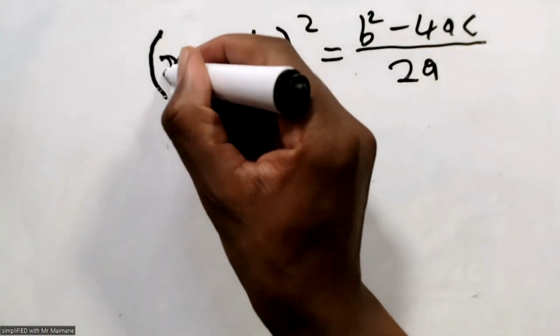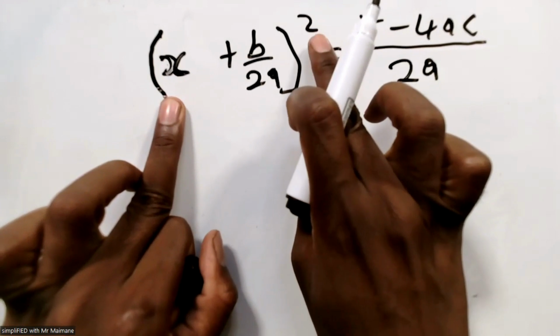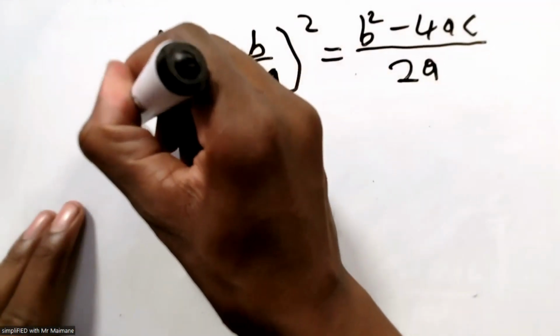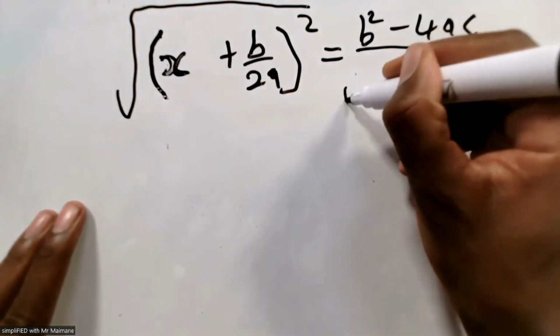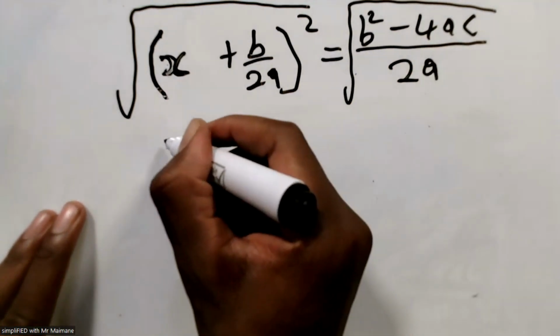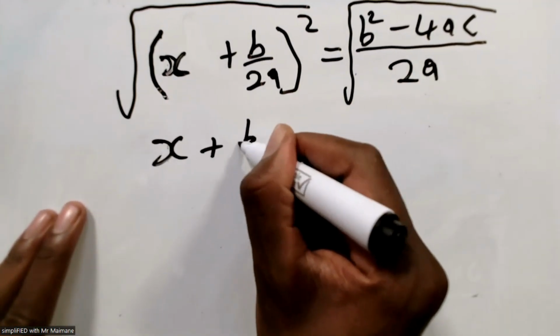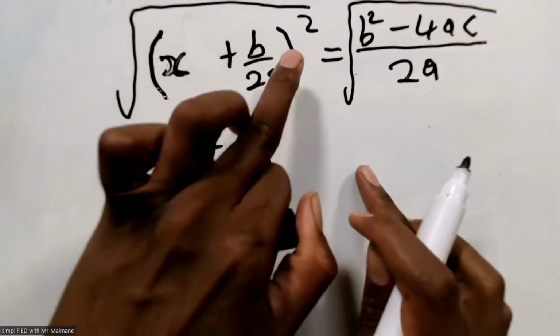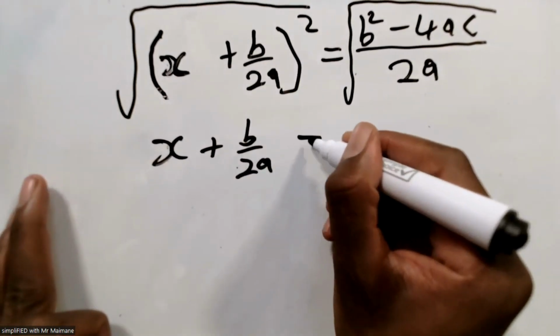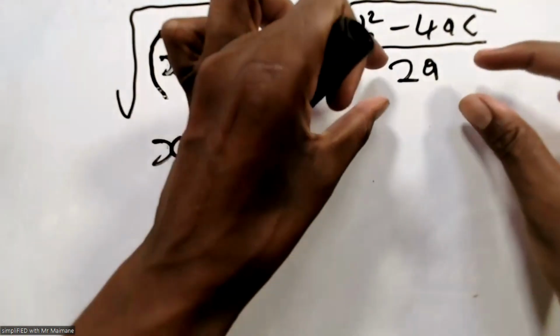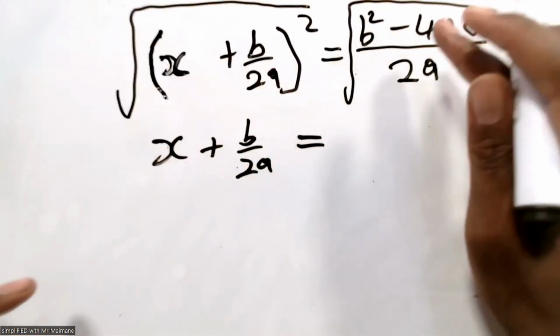To solve, remember the whole point is to solve for x, and I have a square here. So I can put a square root here and a square root there. Therefore, this will come out as x plus b over 2a because we just removed the square there. This is going to be equal to, now we have the bottom part and the top part.